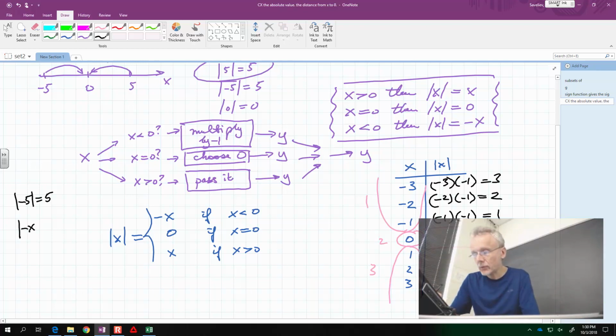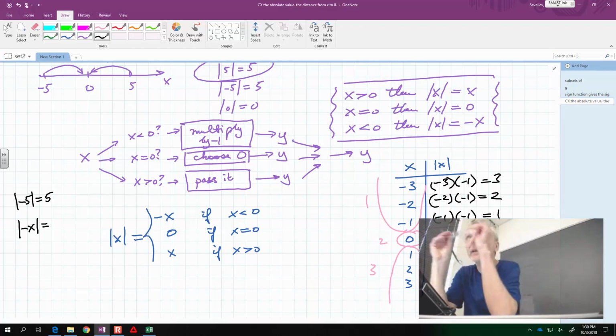What is the absolute value of negative x? Careful. The absolute value of negative x, what is it? No, because what if x is negative?